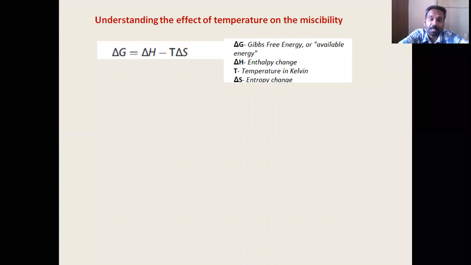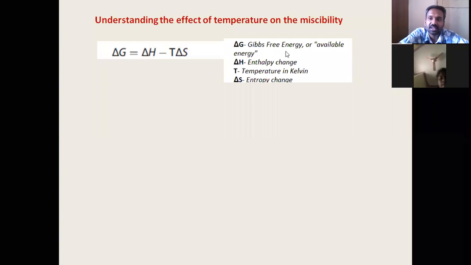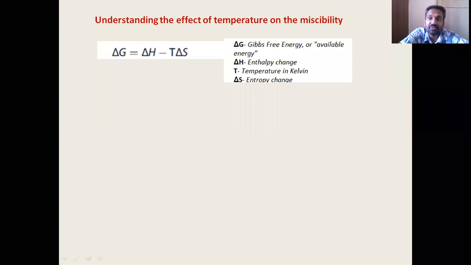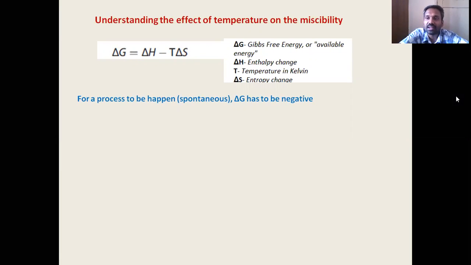For example, what about our miscibility process? Mixing solvents and making solution. Is it a chemical process or a physical process? It is a physical process because there is no change in the molecular structures of the compounds during mixing. Therefore, this is only a physical process.